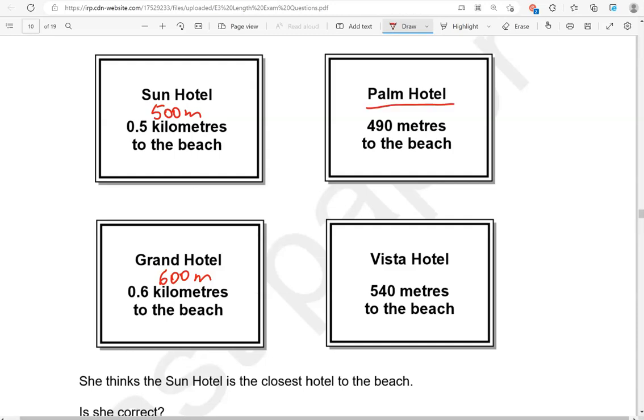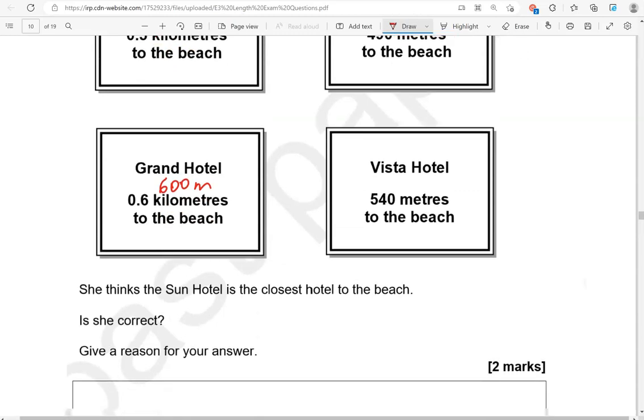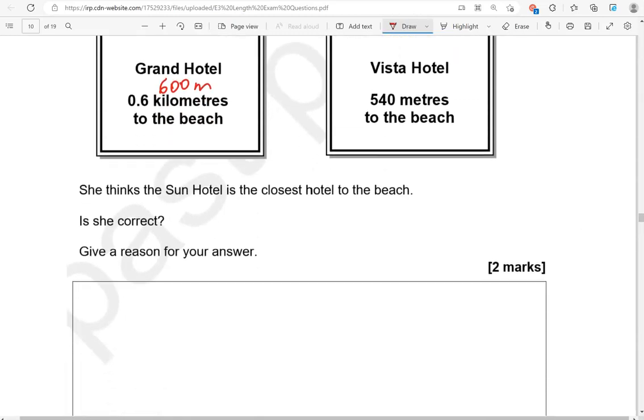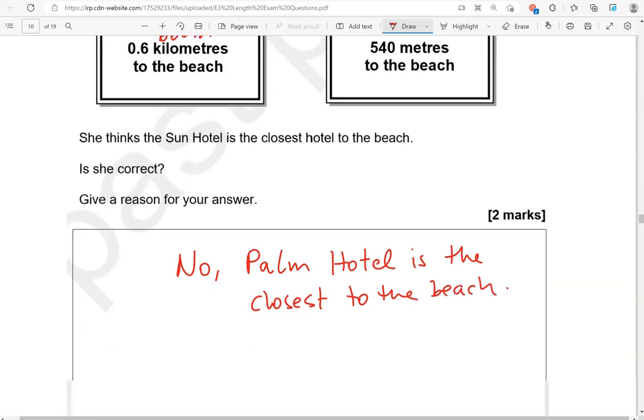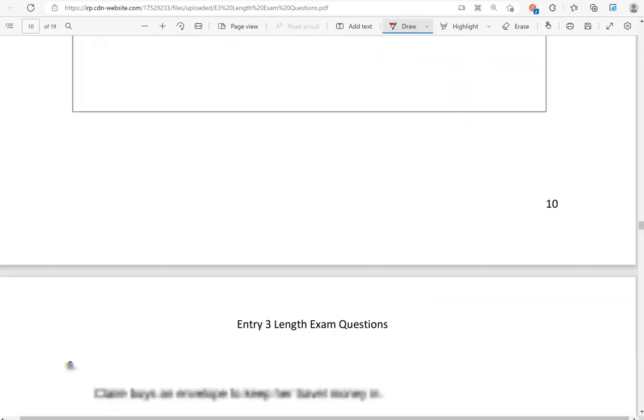So Palm Hotel is the closest to the beach. So we're going to say, is she correct? No. Palm Hotel is the closest to the beach. So that's the reason why we think that's not correct.